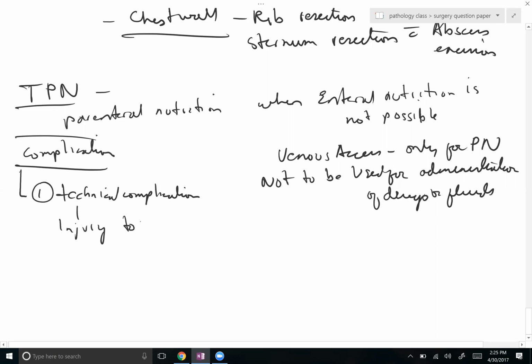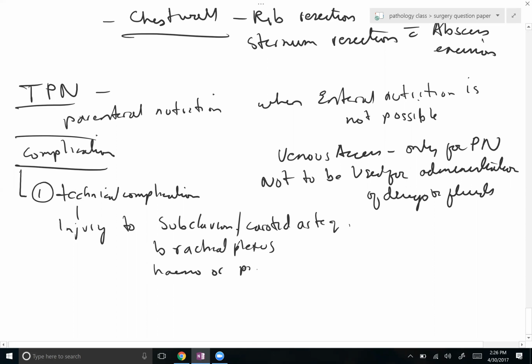It can cause injury to the subclavian, injury to the carotid artery, and injury to the brachial plexus. It can result in hemo or pneumothorax. This is while inserting the catheter into the central veins.